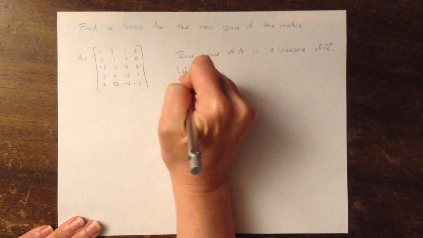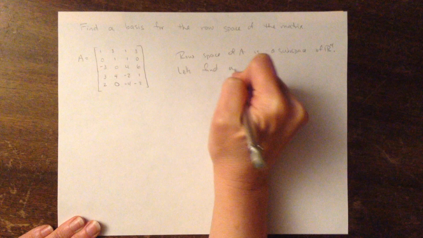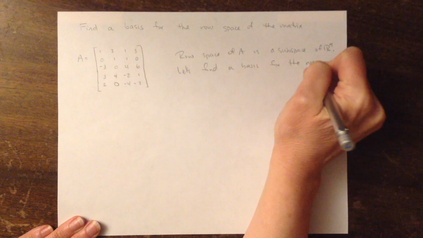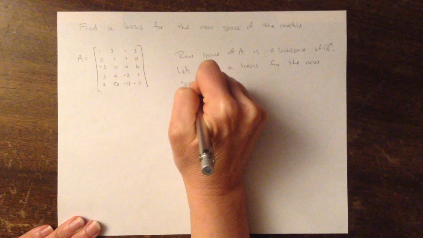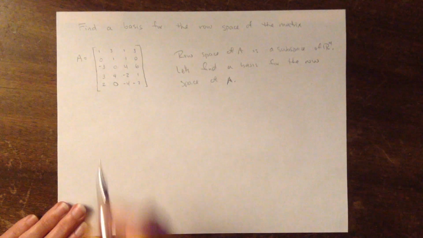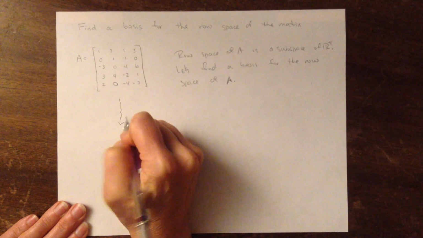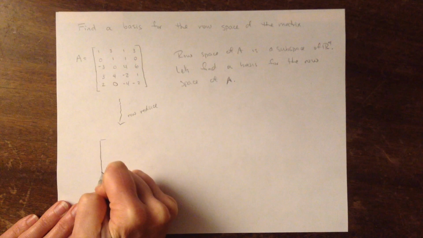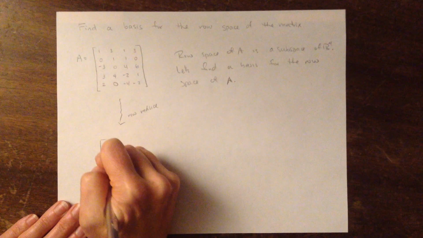Let's find a basis for the row space of A. So what you'd do here is you'd row reduce, which I did ahead of time, so I'm just going to plunk down the answer here.